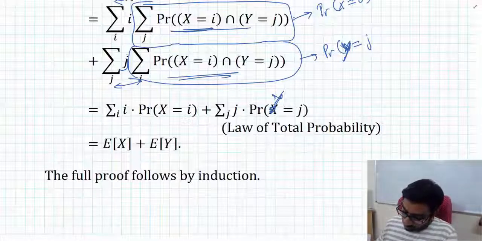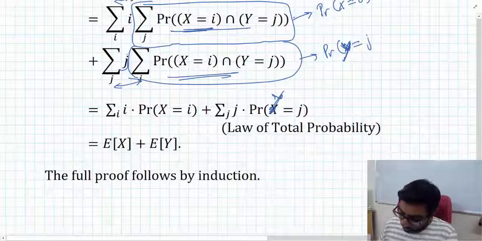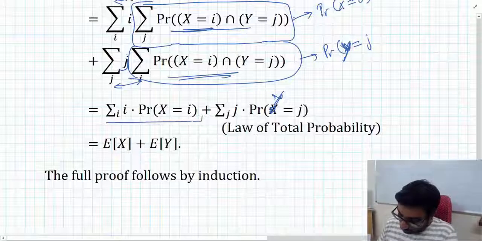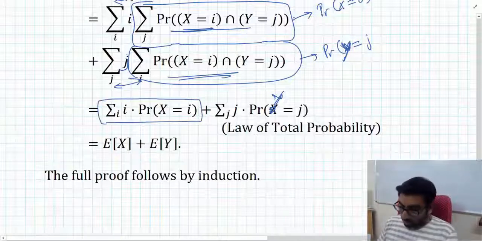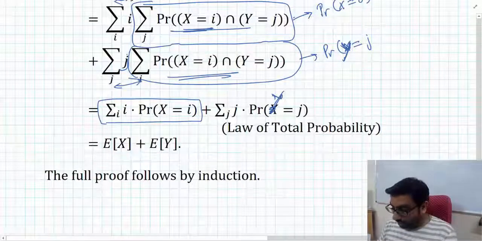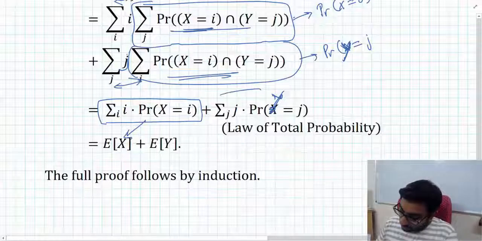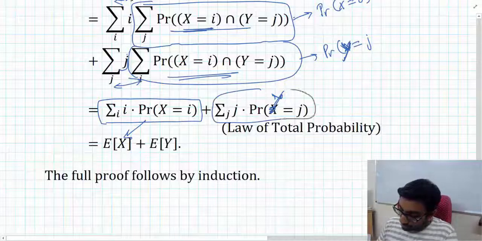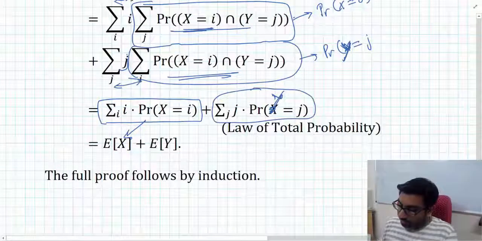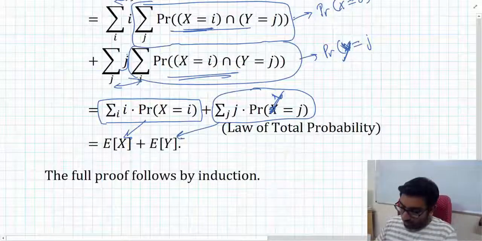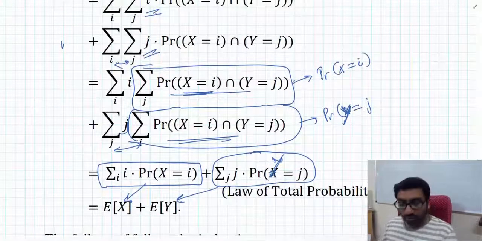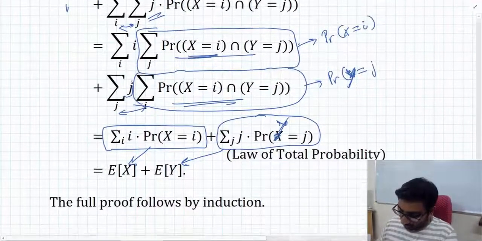So now what do we get? Summation over i. Let's look at this term now. This is the summation over i times the probability that X equals i, that's nothing but E of X. And here we have the summation over j times the probability that Y equals j, and that's nothing but E of Y, which is exactly what we wanted.